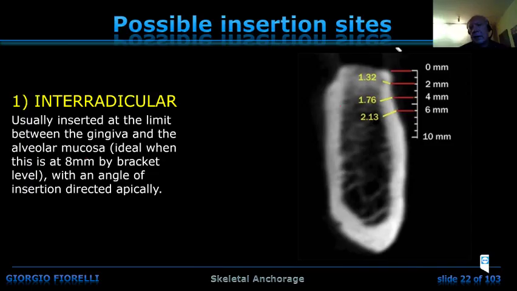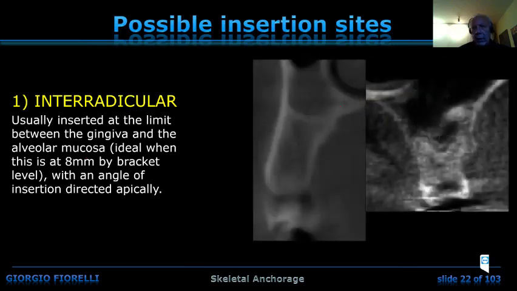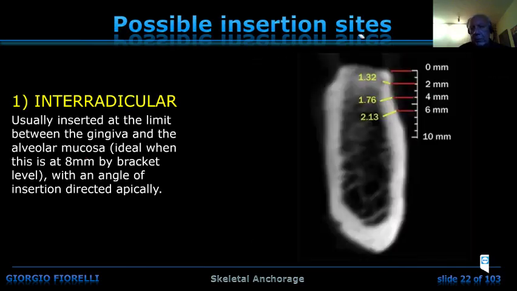Here you see that in the mandible, usually we have very few problems, because the thickness of the cortical bone, these are averages taken from a research study, is usually much more than needed.